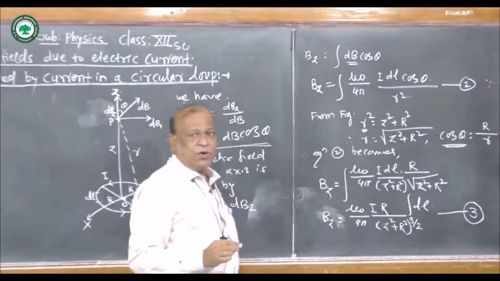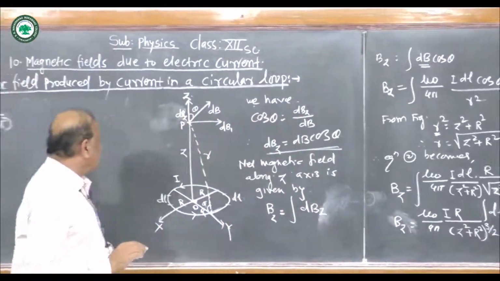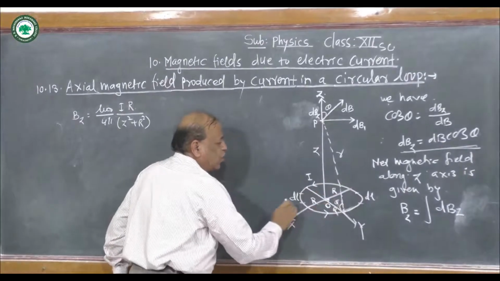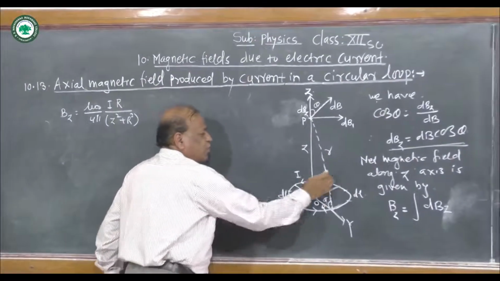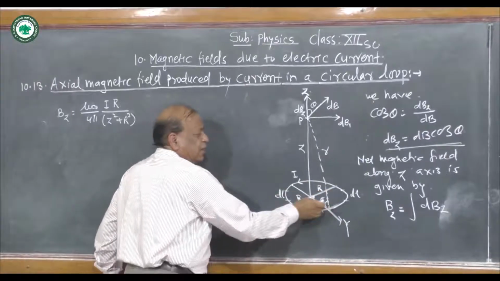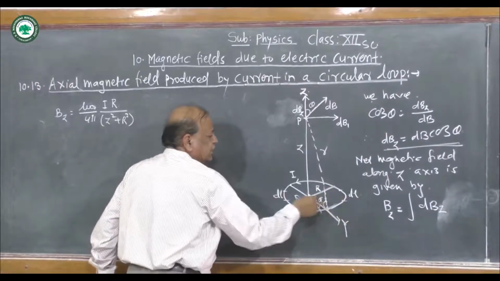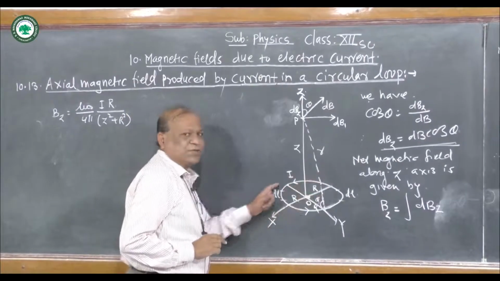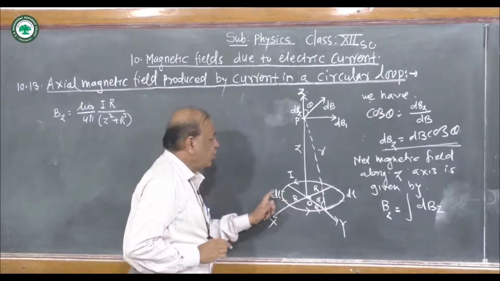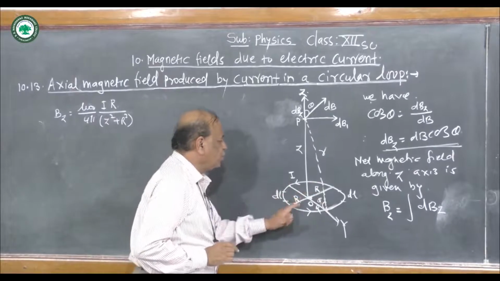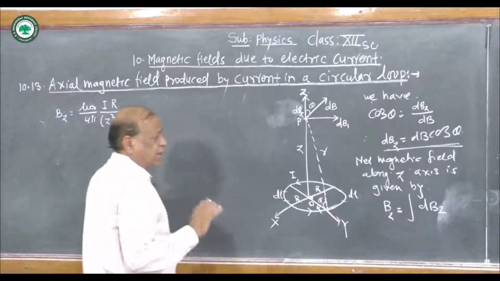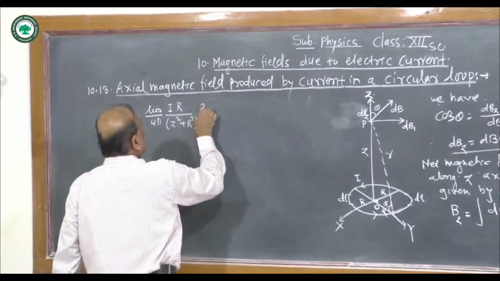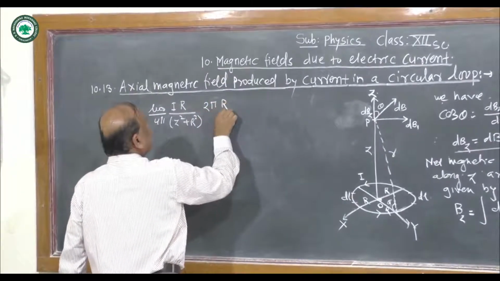What is this integration of dl? This circular loop is made up of a number of small elements dl, and the integration of dl gives the total circumference of the circular loop. The circumference of the circular loop is 2 pi R, and therefore the integration of dl is 2 pi R.